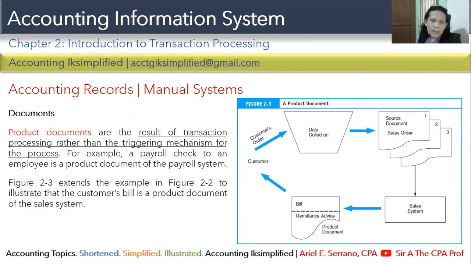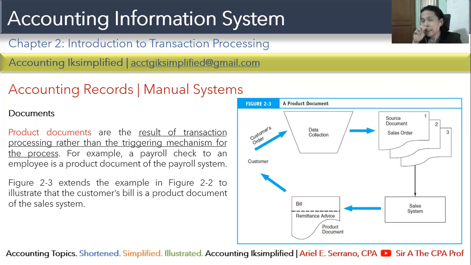Another example, at nakalagay din po dito, a payroll check. Okay? Cheque ng employee. And that check is a product document. Although kasi sa ngayon, yung payroll check is limited in terms of use, kasi karamihan sa ngayon based on ATMs.